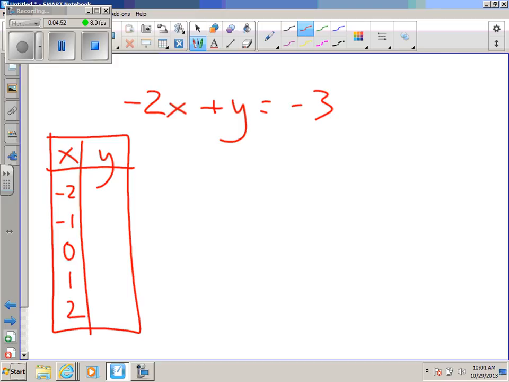Negative 2, negative 1, 0, 1, and 2. Now the next step then is to obviously solve for y. So let's get y by itself.